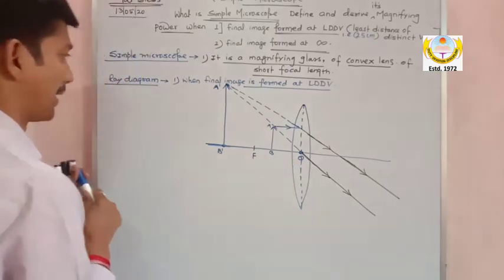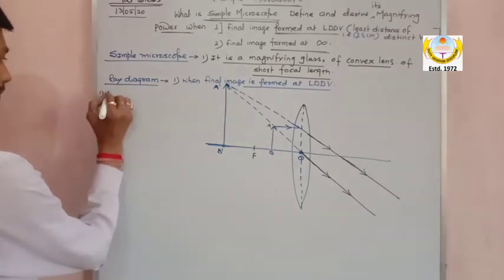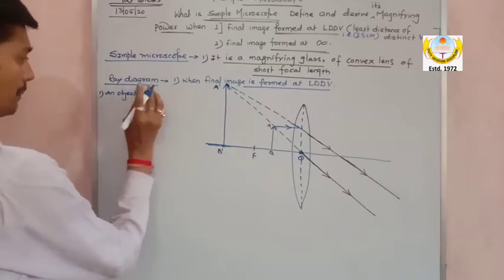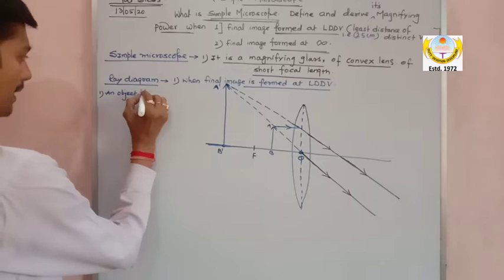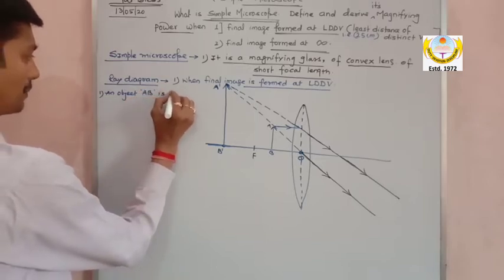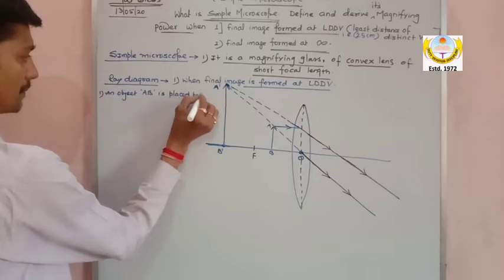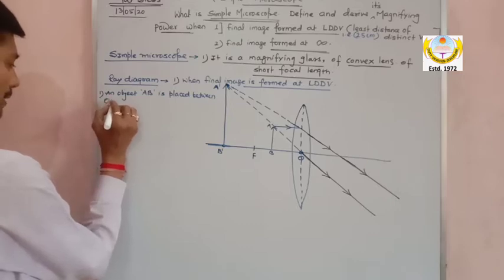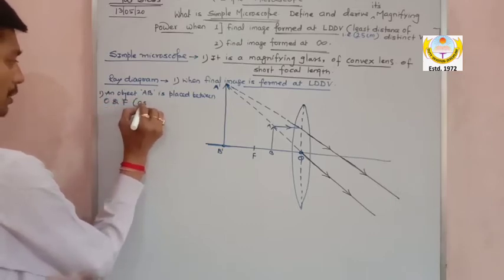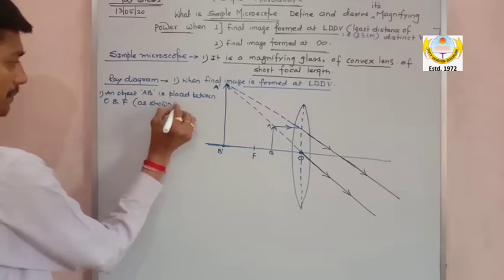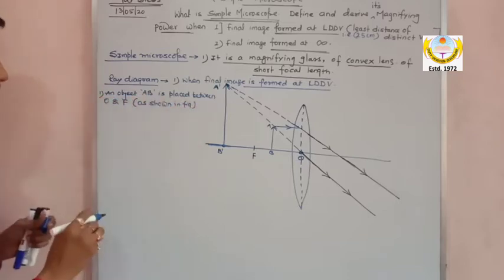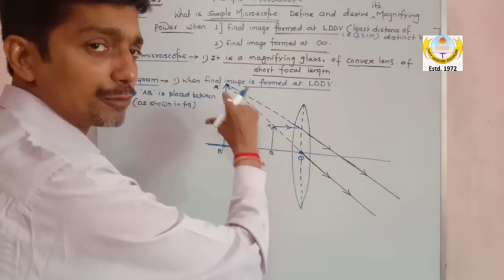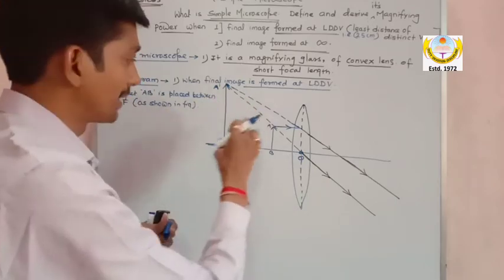So my point number 1, I can write: an object AB is placed between O and F, as shown in figure. The image is virtual, erect and magnified, that is A dash B dash.